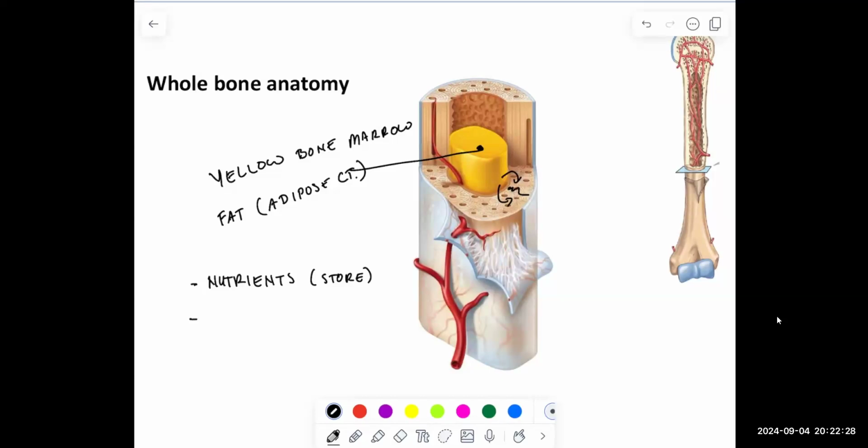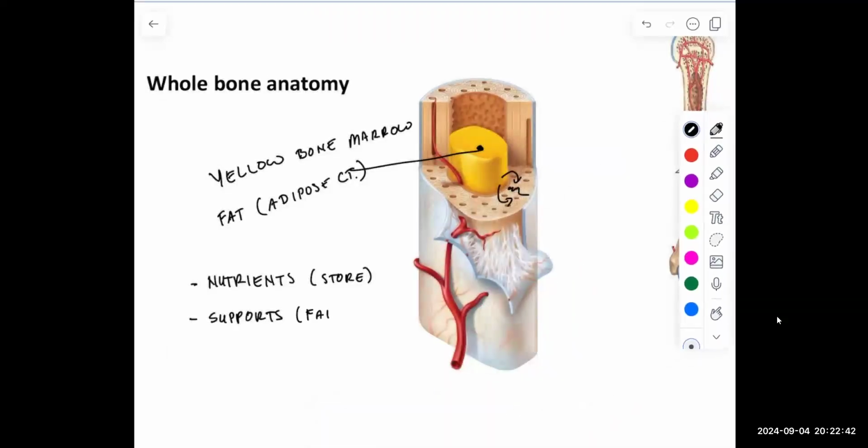Support. Your bones cannot be solid bone. If your bones were made of solid bone, they would weigh too much for you to move around. Well, guess what? Fat is low density.